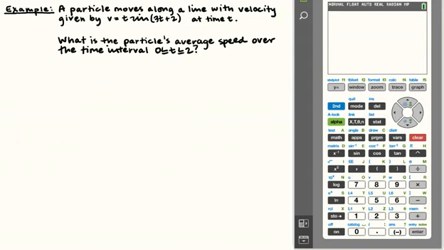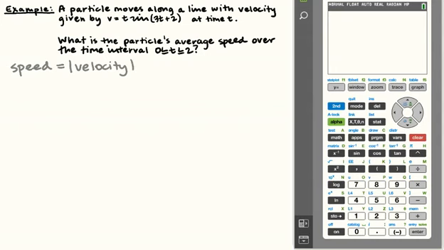All right, the last question I've got for you in this situation is, what's the average speed? That's going to be a little different. You might remember what we said speed was in the past. Oh, okay, actually that is an interesting point: it's total distance over total time. That is true. We just said that in its most general form, speed is the absolute value of velocity. So speed equals absolute value of velocity.